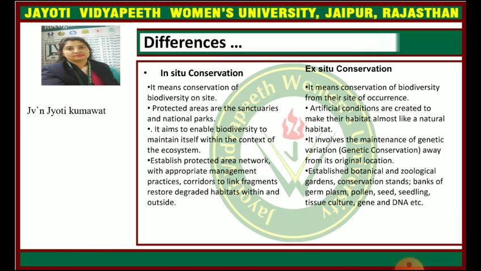In situ conservation, the fourth point observed is establishing a protected area network with appropriate management practice corridors to link fragments and restore degraded habitats within and outside. And ex situ conservation establishes botanical and zoological gardens, conservation stands, banks of germplasm, pollen, seed, seedling, tissue culture, gene and DNA, etc.